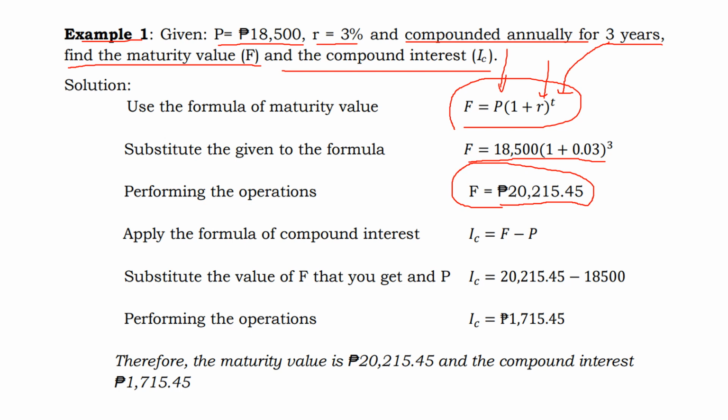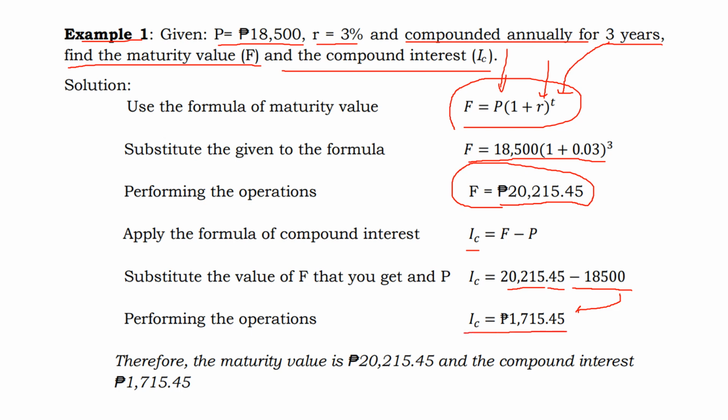Now, after getting the future value, and we have the principal, for us to get the value of the compound interest, we just simply subtract the principal from the future or maturity value. That's why it becomes 20,215 pesos and 45 centavos minus 18,500. So the resulting value is 1,715 pesos and 45 centavos.